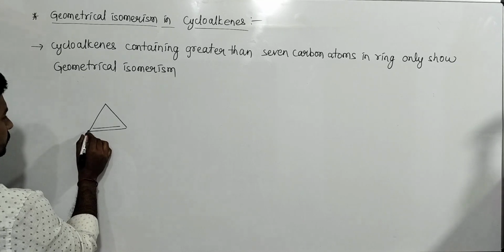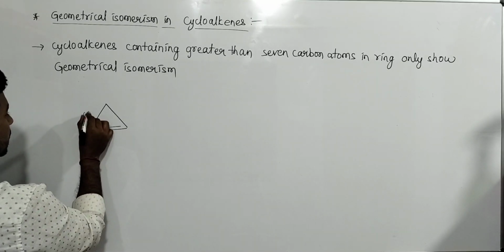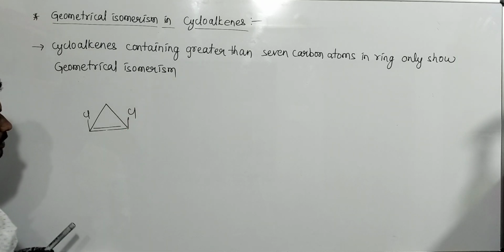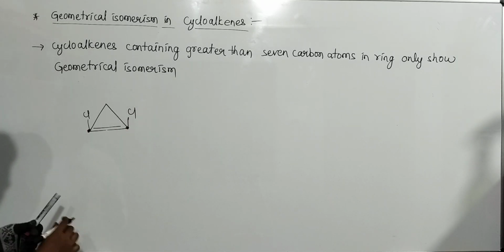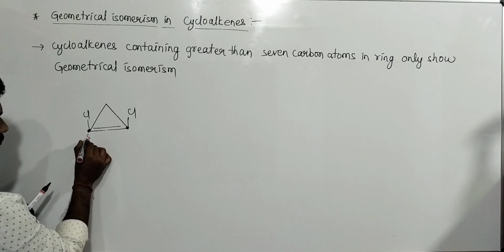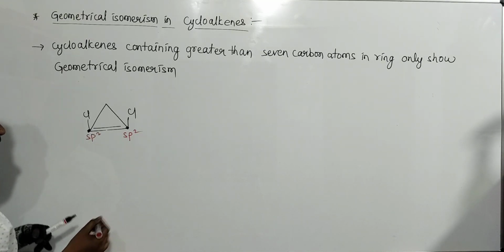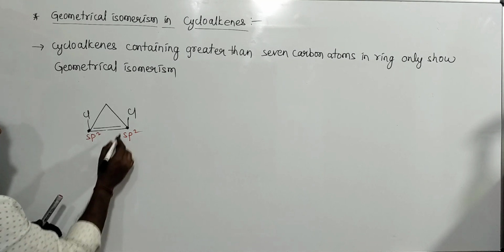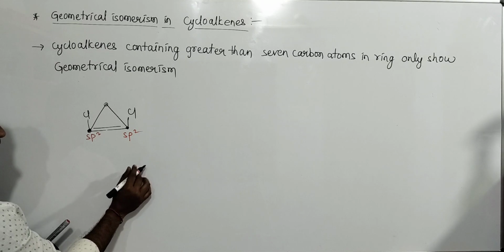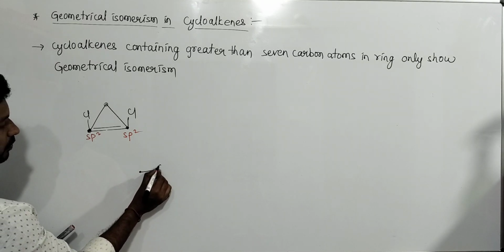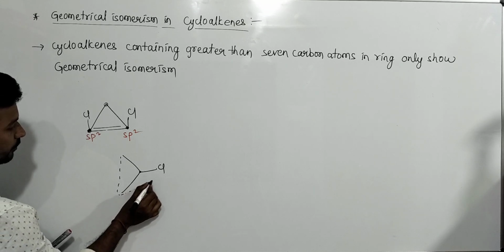For example, for this one, can you say cis? It looks to be cis, but this is not cis because of the sp2 carbons. For an sp2 carbon, what is the shape? Trigonal planar. This chlorine is present in the same plane. This chlorine, this ring, all are present in the same plane.